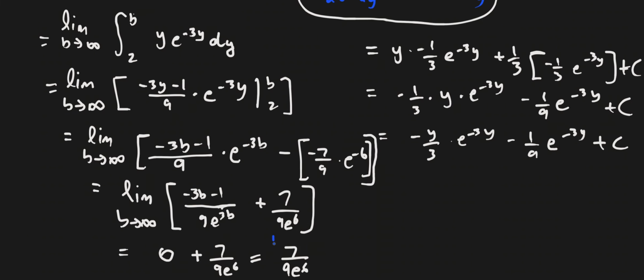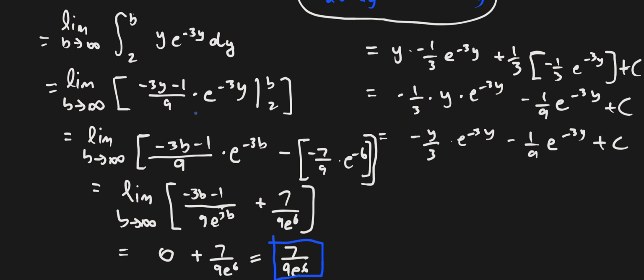It's kind of a weird answer, but this is actually our area. Just to reiterate, as b goes to infinity, the numerator is going to go to negative infinity, but the denominator is going to go to positive infinity. Since we have an exponential, it's going to go faster to positive infinity than the numerator goes to negative infinity, so it's going to approach 0.